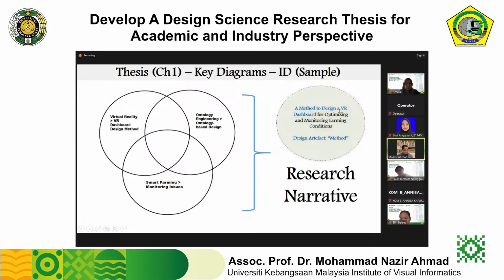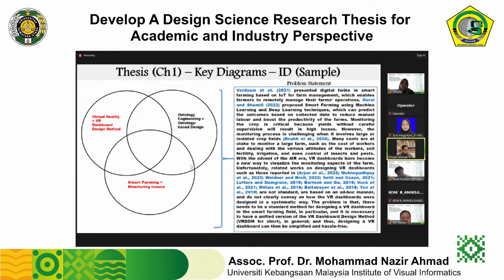So this student is doing research to build a method to design a virtual reality dashboard for optimizing and monitoring farming conditions. So this is how, in chapter 1, using the intersection diagram, the student established the research narrative.